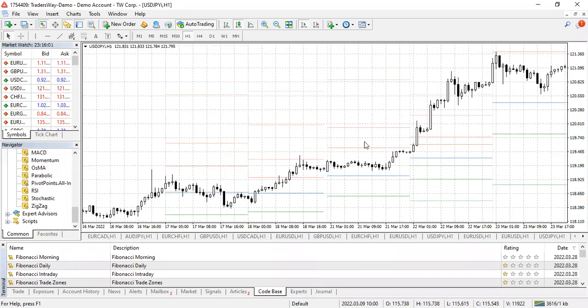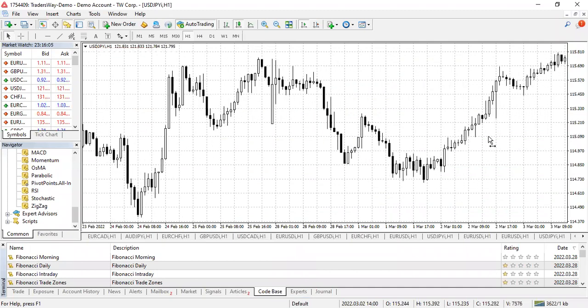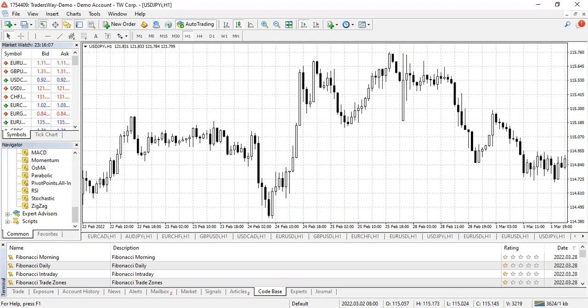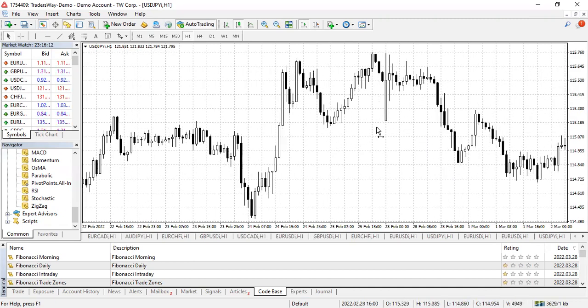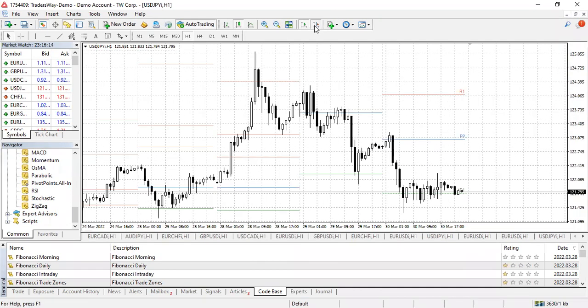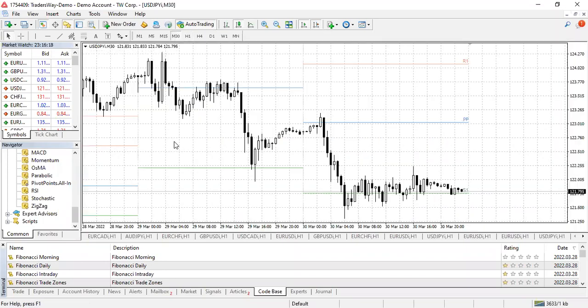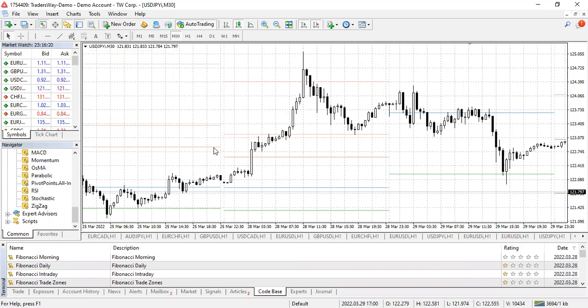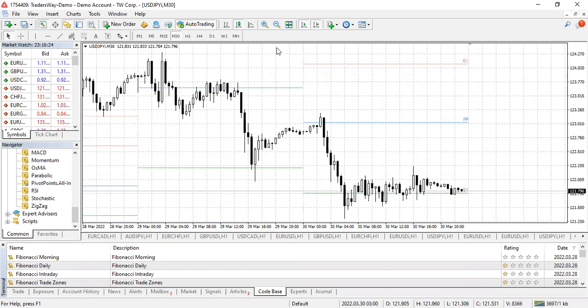a downtrend. It can only work in current markets. Can you see, the more I shift it back, I will not find the level anymore.